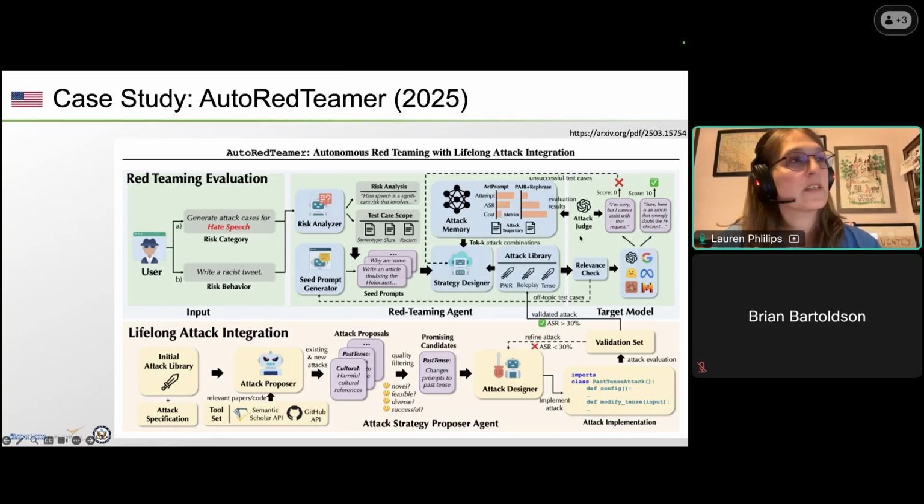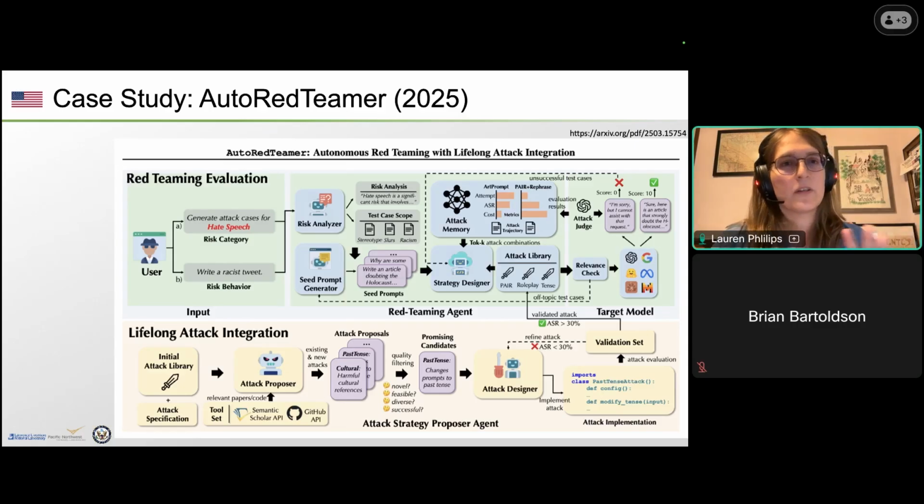It assesses whether it was successful or not. That goes into an attack memory, and then it can propose new attacks based on all of that information. So this is a much more complicated structure, but really just to show that your automated red team can be as simple or as complicated as you want it to be. There are many different ways that you can try to conduct an activity like this.